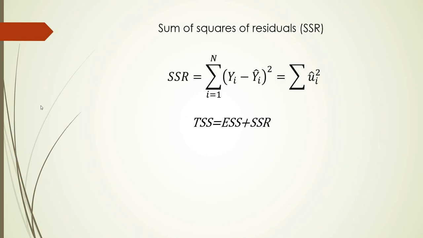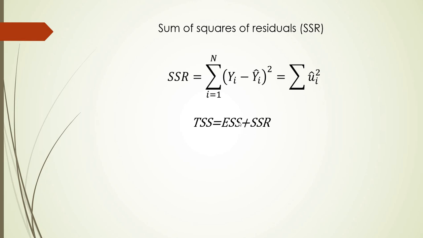So let's talk more about sums of squares. We have also one other variation, the sum of squares of residuals. This is the difference between original data and theoretical data. These are actually our residuals. So we can say the total sum of squares, the total variation, consists of explained variation and unexplained variation: the explained sum of squares and the sum of squares of residuals.